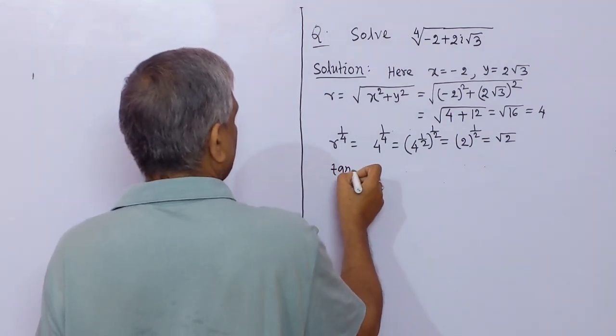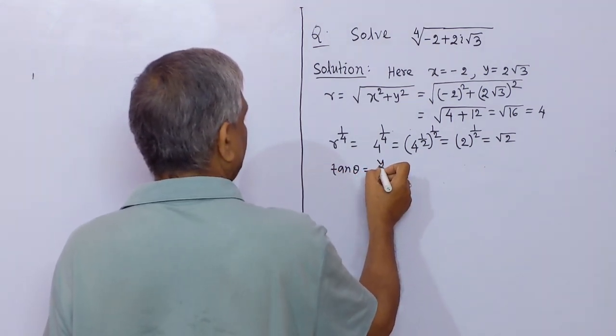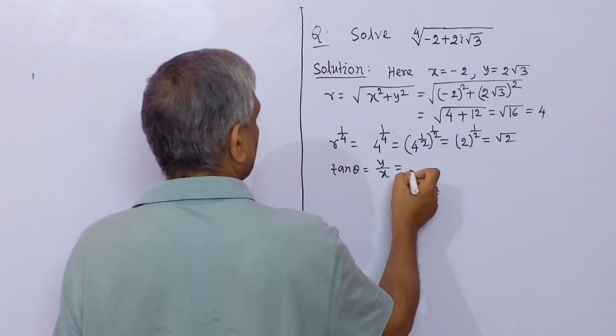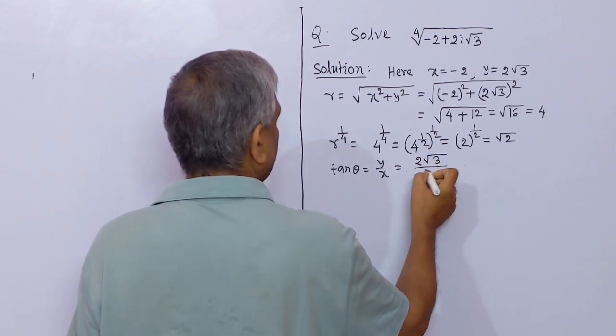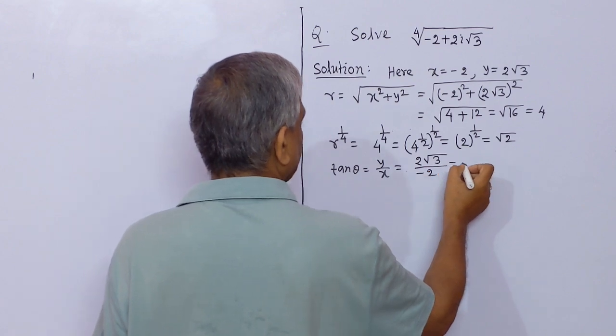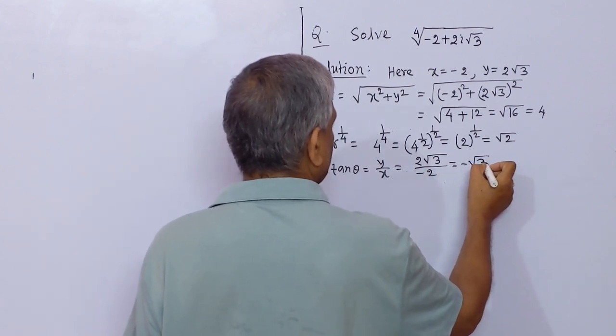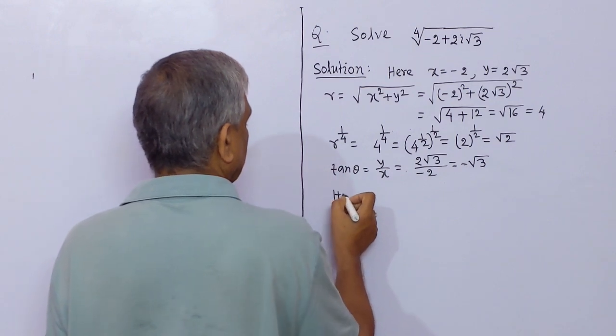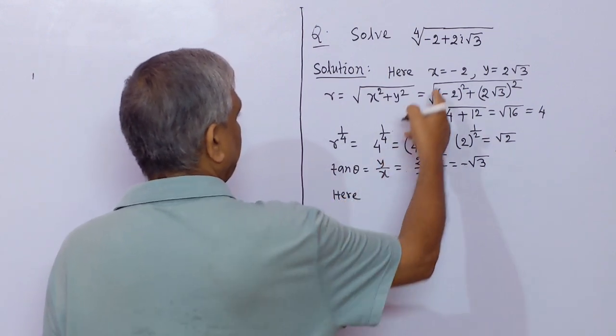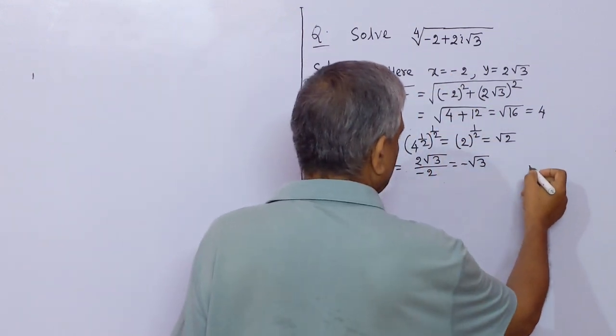Tan theta equal to y by x. y is 2 square root 3, x is minus 2. This is minus square root 3. Here x is negative.